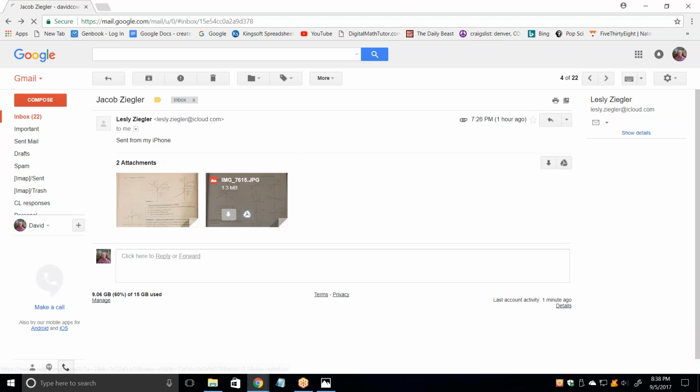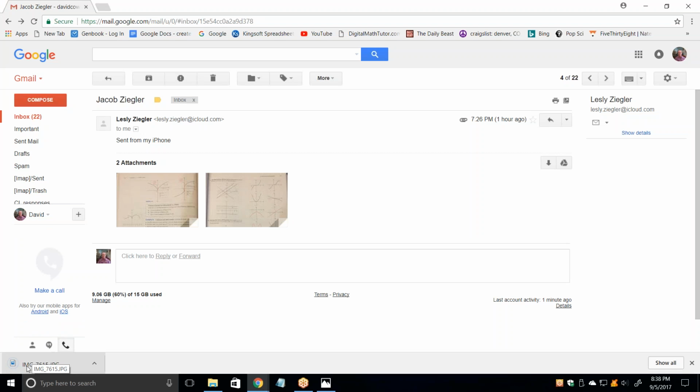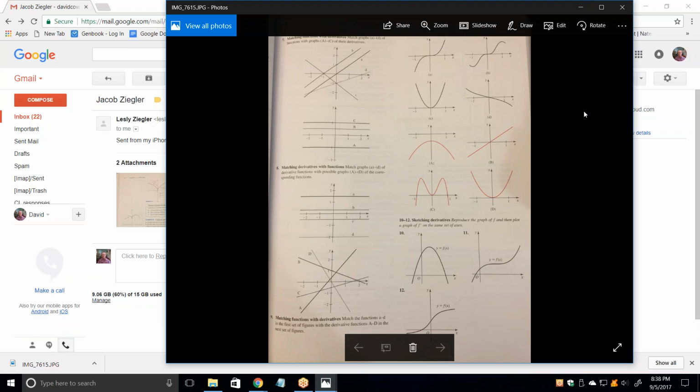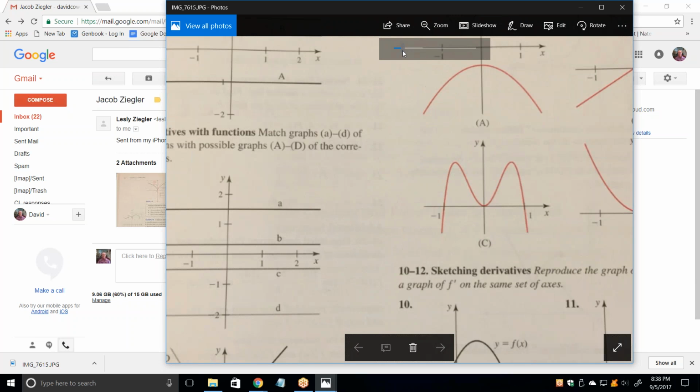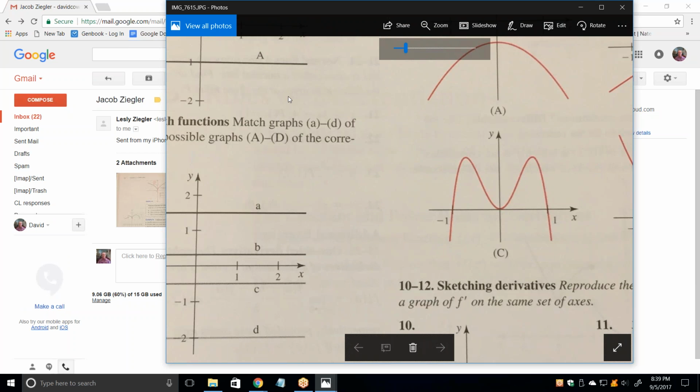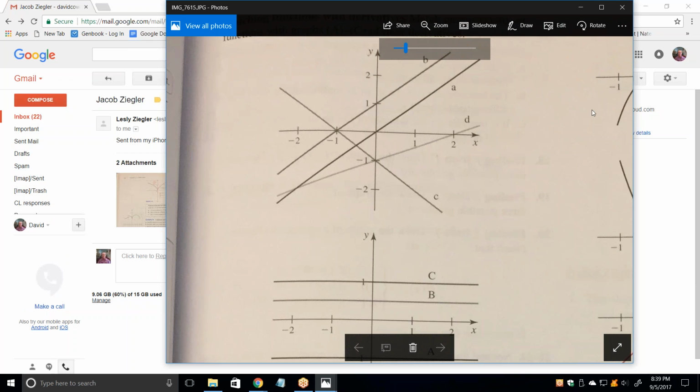Let me download it. I think it might work a little bit better. So how many kids are in your calculus class? There's quite a few. I think we have 2 or 3 periods of calculus.